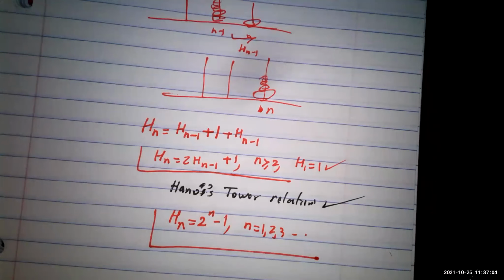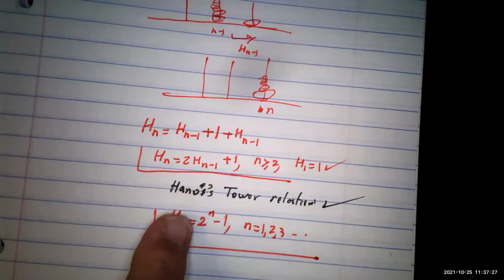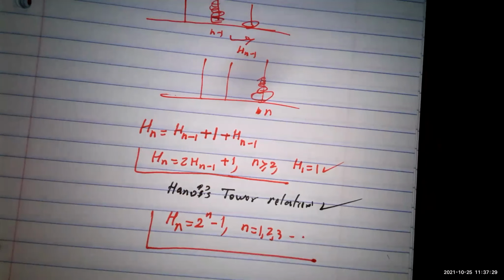So this is the type of method or thinking that we're going to do. We call it an inductive operation, as we did for the procedure of induction. I'm going to show you how to solve this type of equation.